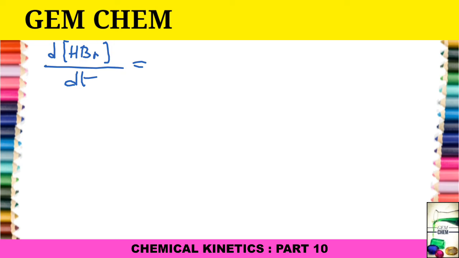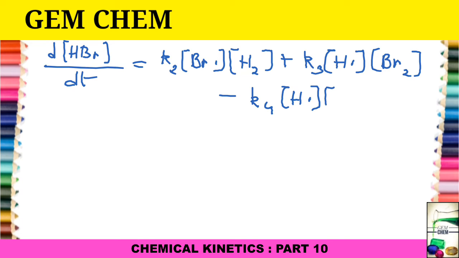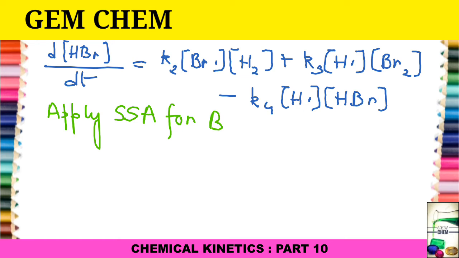When we find this out, we get K2 Br dot hydrogen gas plus K3 hydrogen dot Br2 minus K4 H dot HBr. From here we can see that the concentrations not available to us are Br dot and H dot. So we will apply the steady state approximation for Br dot and H dot, right?